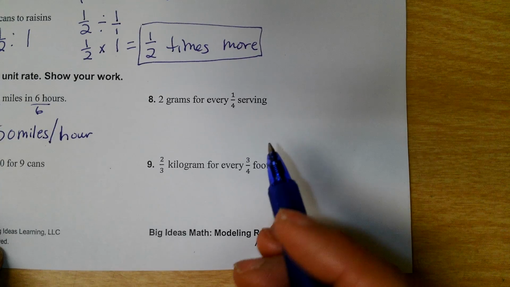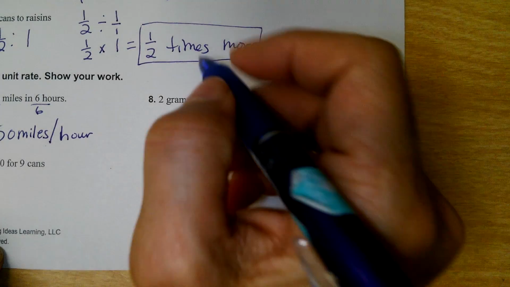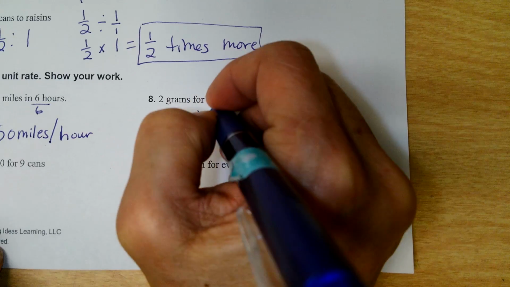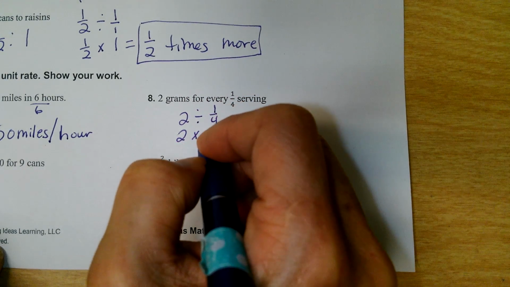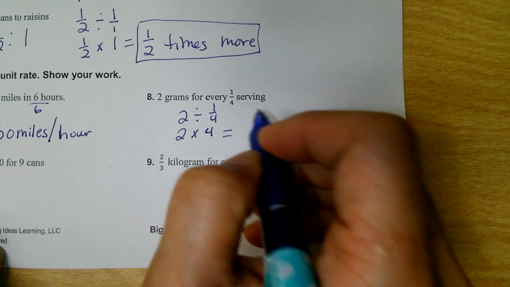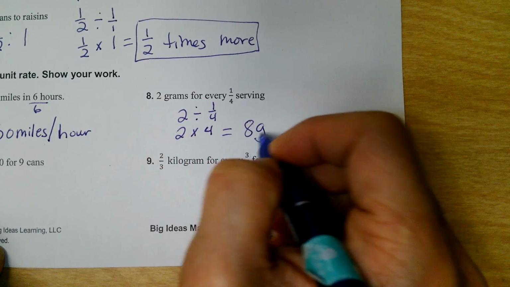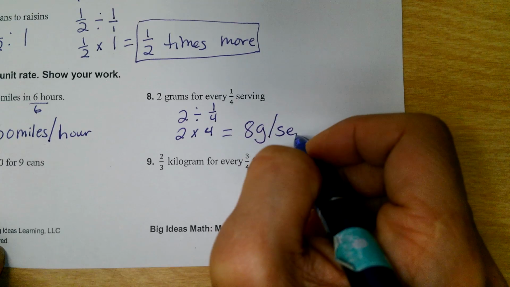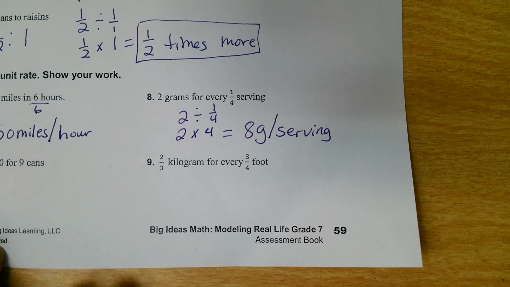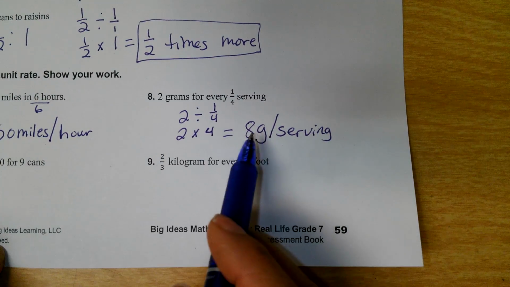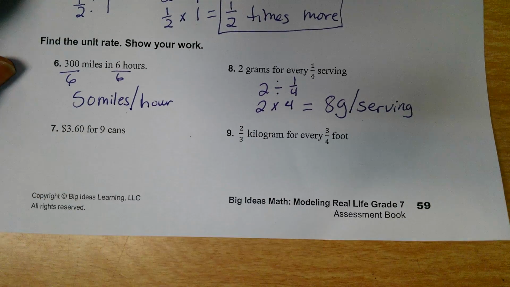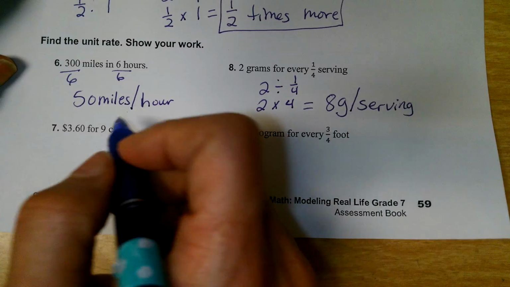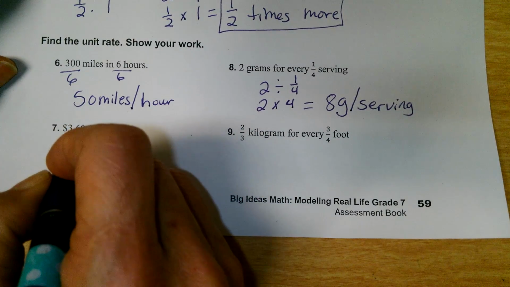2 grams for every 1/4 serving. So I have 2 grams divided by 1/4. So keep, change, flip. 2 times 4, which equals 8 grams per serving. Okay? 8 grams per serving, or 1 serving is fine. $3.60 for 9 cans. So we're going to divide both by 9.